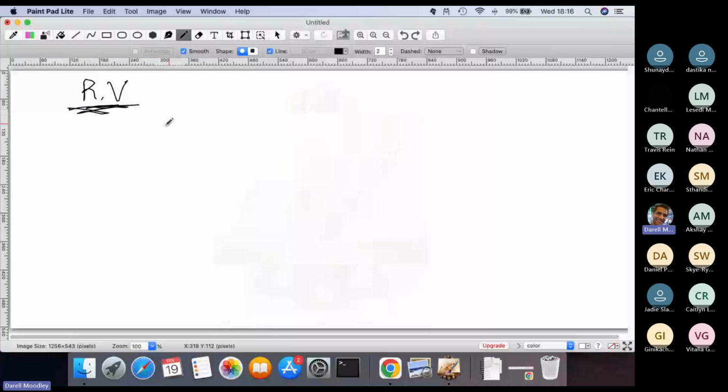Random variable. As the word variable is in the title, it varies. So you're trying to measure one thing, but it can vary. For instance, a random variable I'm trying to capture is age.